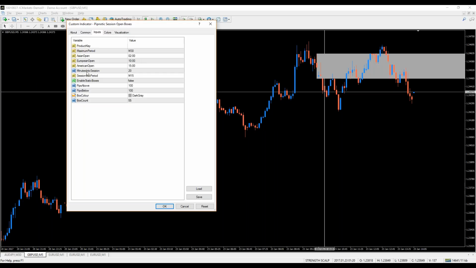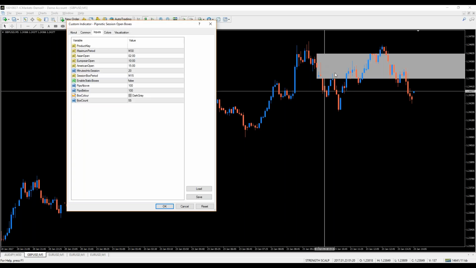So we have the opens, and we have something here, minutes into session, which is 20, so 20 minutes into the session. This is really, really important. And the session box is 15 minutes, which means that the top and the bottom range of the session box will lock after 15 minutes.